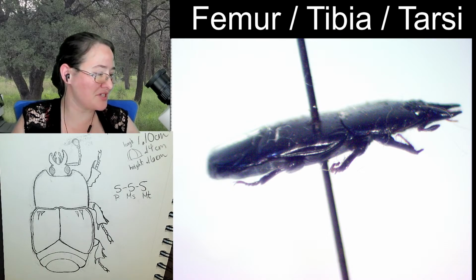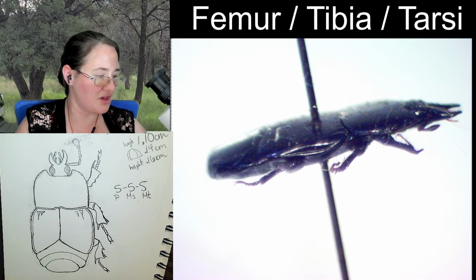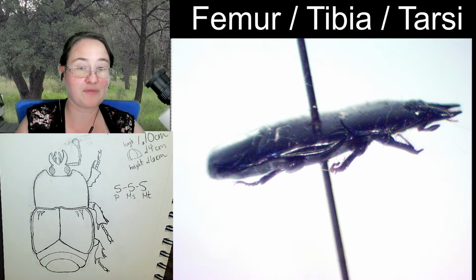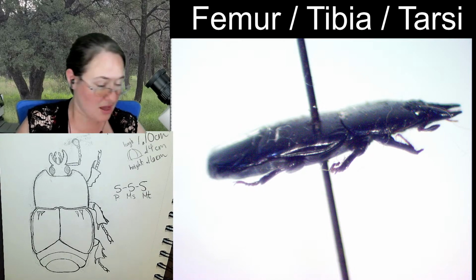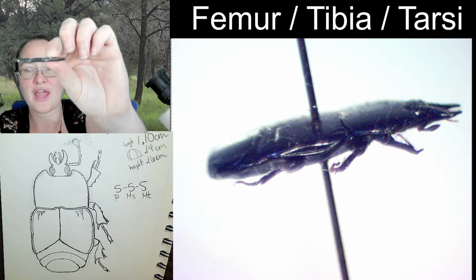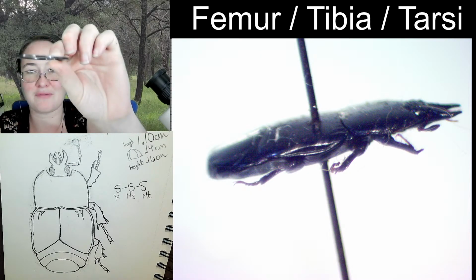If you were going to take a handful of, like, maybe 2 or 3 pieces of cardstock, that would be about the same. For instance, this ring here is wider than my beetle.